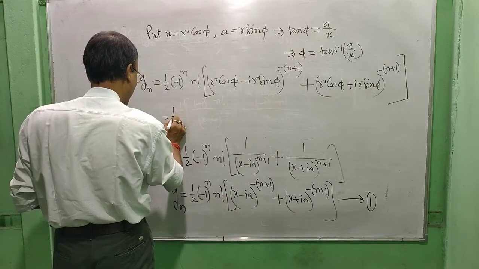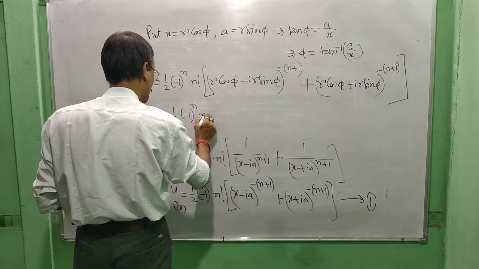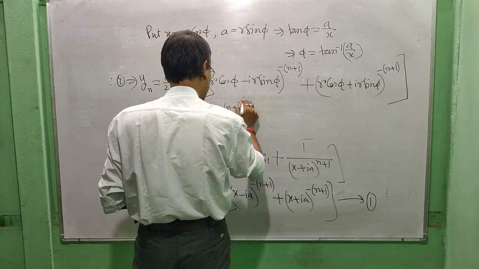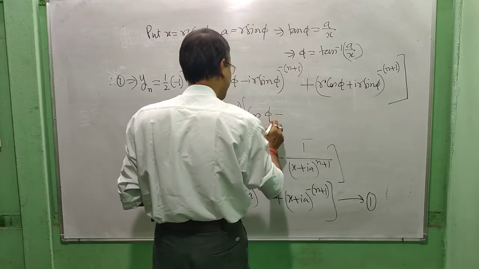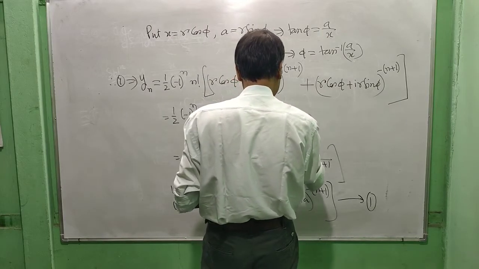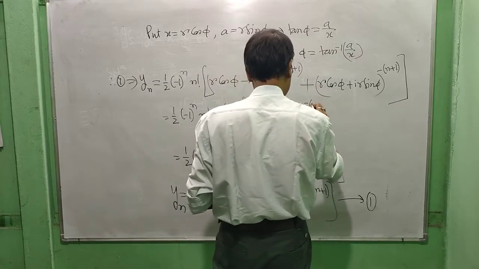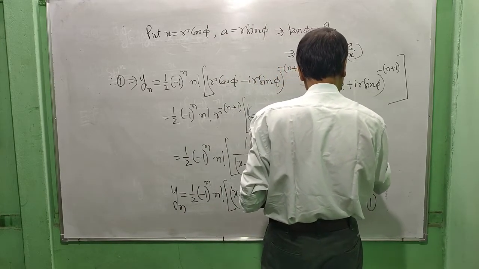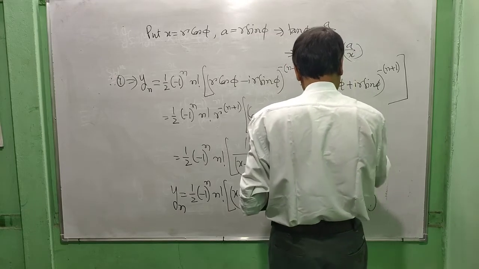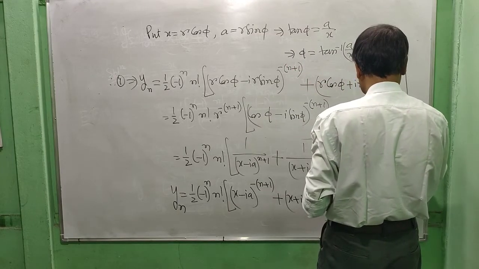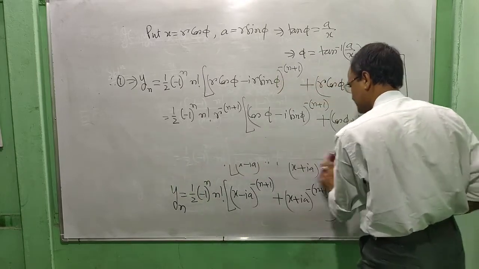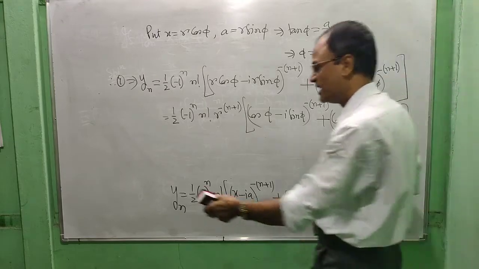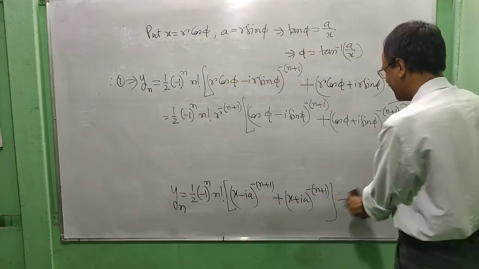This is equal to 1 by 2 (-1)^n n! r^(-n+1), and in the bracket you will get (cos phi - i sin phi)^(-n+1) + (cos phi + i sin phi)^(-n+1).